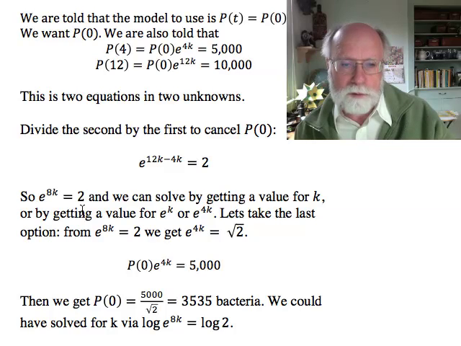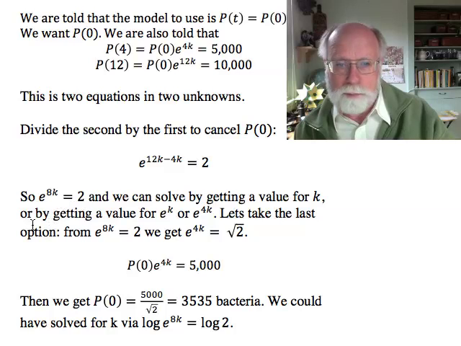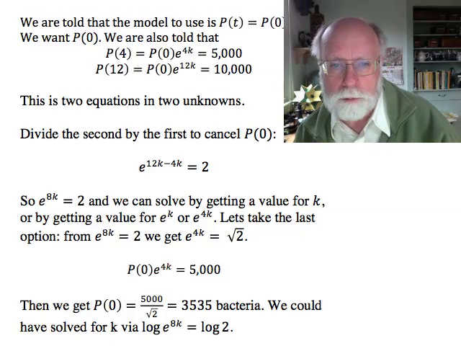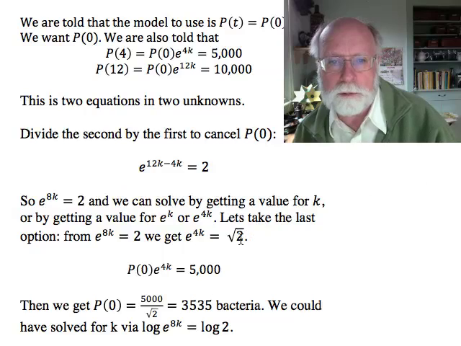Now from here, we can go off in quite a few different directions to find the ultimate solution of this problem. We could solve for k or for e to the k. There's a variety of things that we could do. But what I'm going to do is to solve for e to the 4k, because that will let me just divide it into 5,000 and get P0 up there. So we know that e to the 8k is equal to 2.